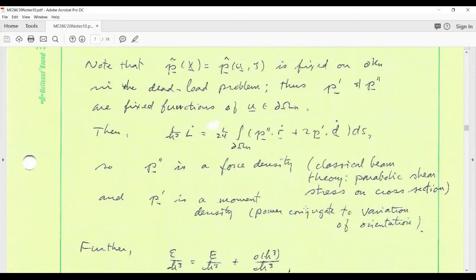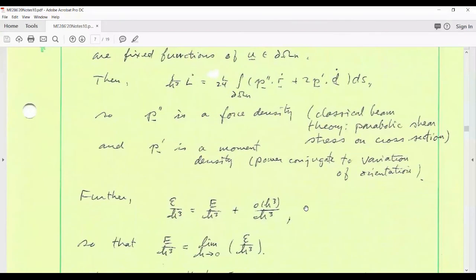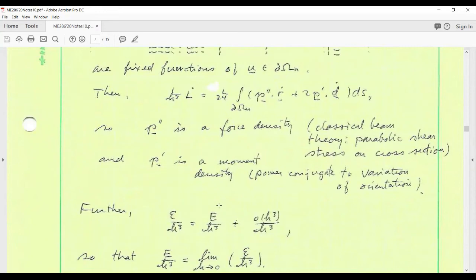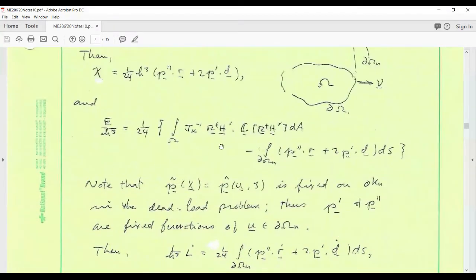But something also nice happens here. In the case of pure bending, all the order h terms in the potential energy disappear identically. So the actual three-dimensional energy is E plus small o h cubed, remember. If you divide that by h cubed, see E over h cubed here, we have an expression for it.